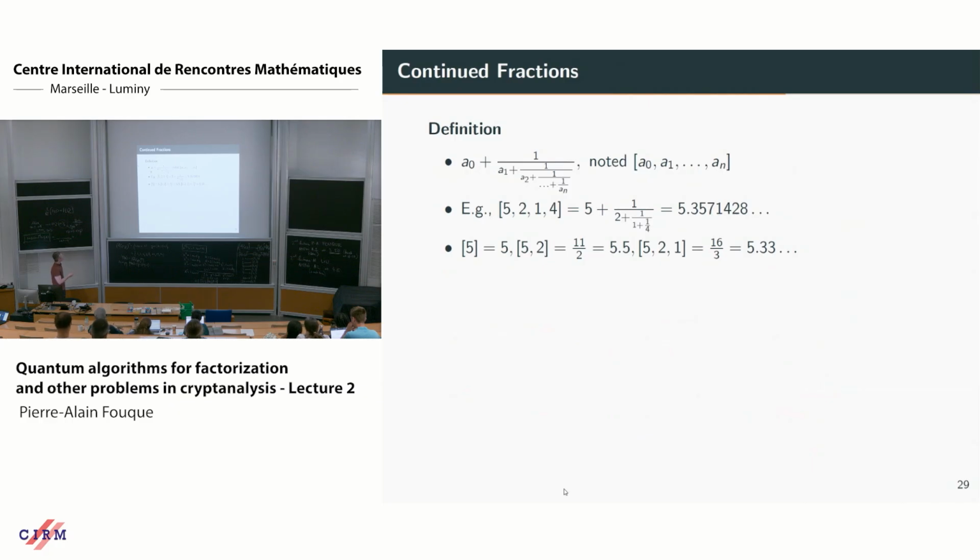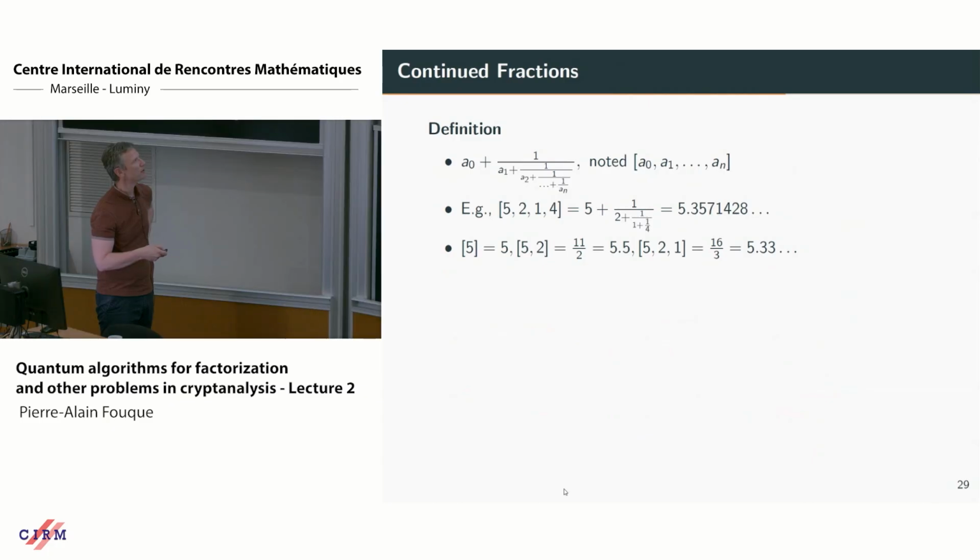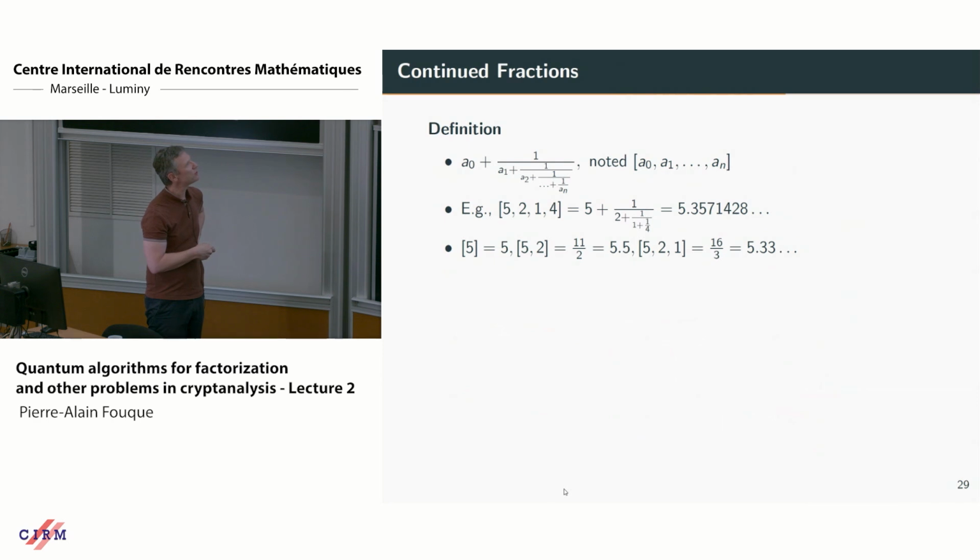Another thing that is useful is that I can, so for instance, this sequence can represent this fraction, and you can see that this is a very, very long fraction here. And at some point, so maybe it's not repeated again. And what is also useful is to look at, in fact, so this is a whole sequence, but I can, in fact, just take some part of this sequence.